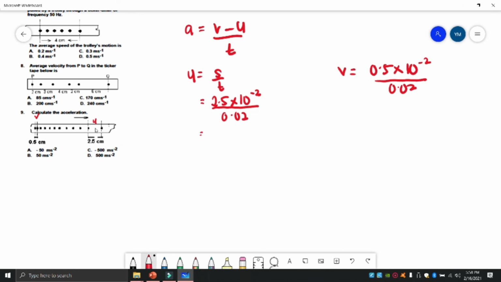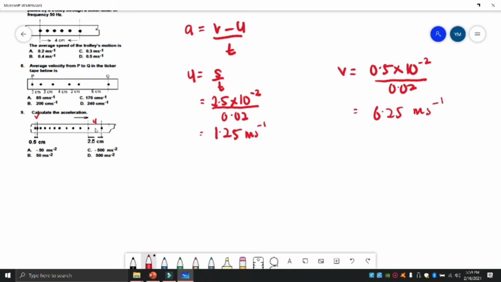So 2.5 times 10 to the negative 2 divided by 0.02, you will get 1.25. And here 0.5 times 10 to the negative 2 divided by 0.02, you will get 0.25. Remember the unit here will become m s negative 1, not cm s negative 1 anymore.